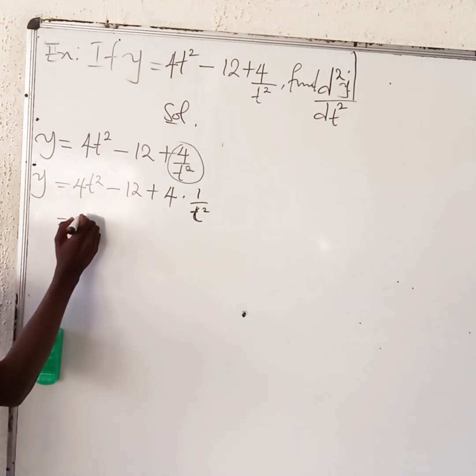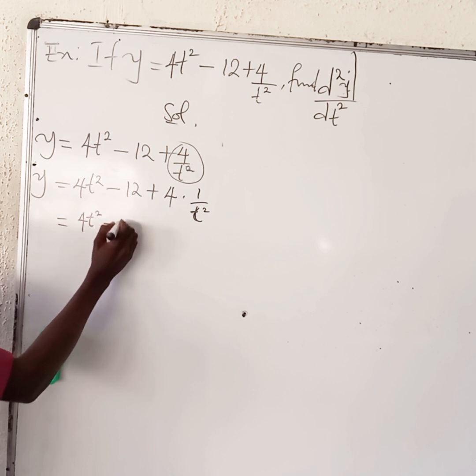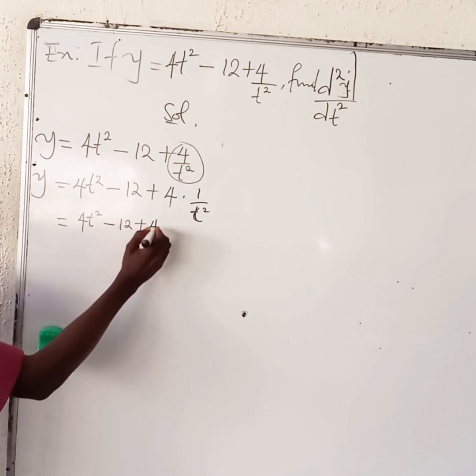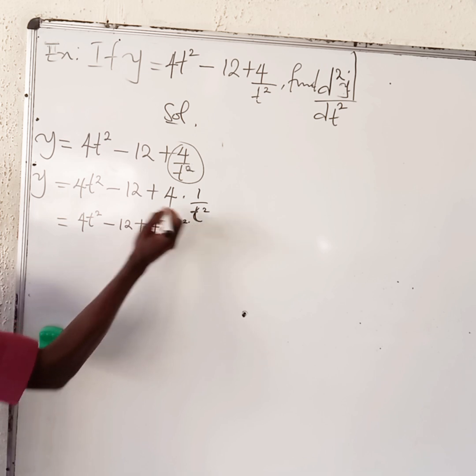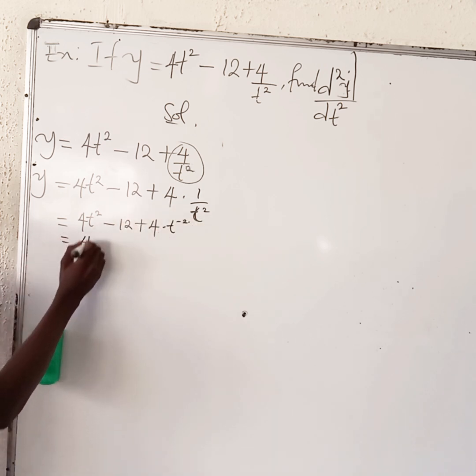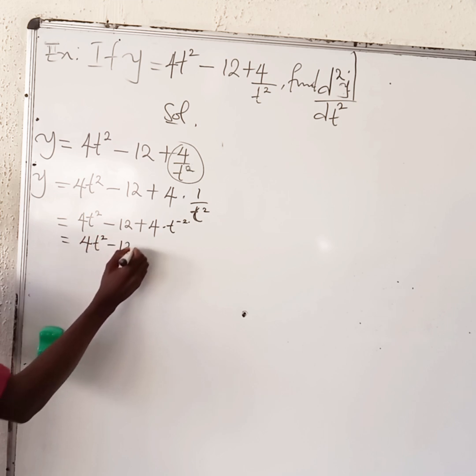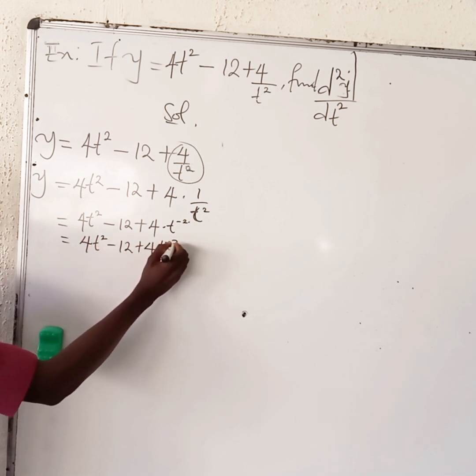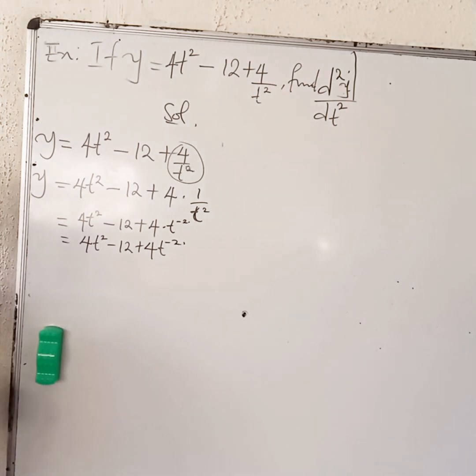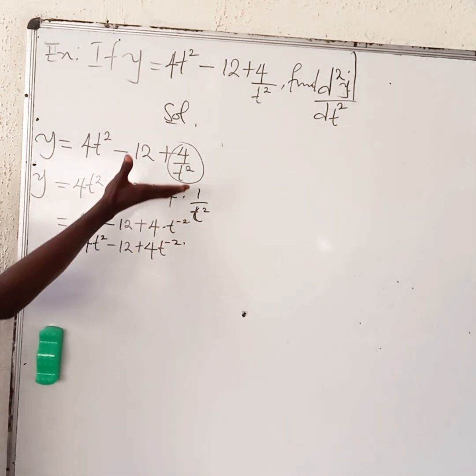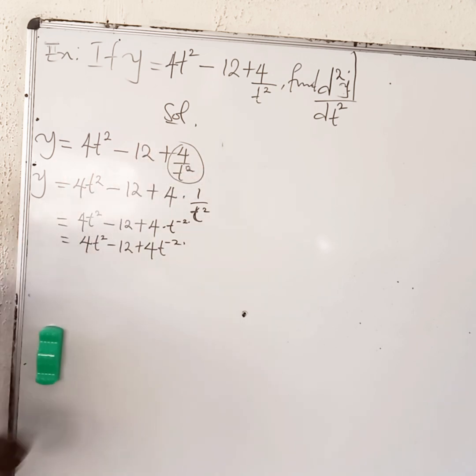So that is now going to be 4t squared minus 12 plus 4 multiplied by t raised to power minus 2, which is now 4t squared minus 12 plus 4t raised to power minus 2. Now, you have already broken this fraction that was here.